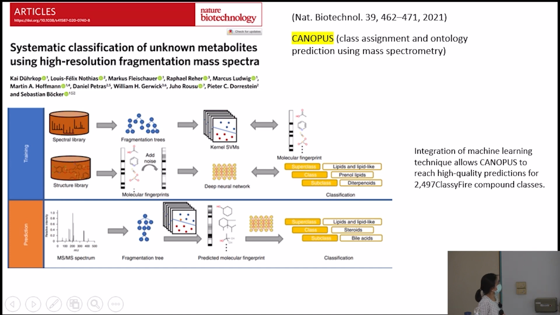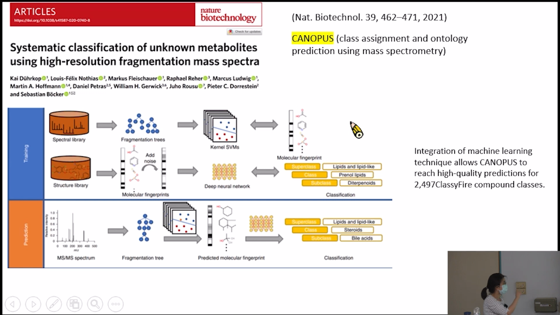So in this CANOPUS approach, there are two machine learning models. The first machine learning model forces the data set to predict your molecular fingerprint according to your spectrum data. Basically, it takes the spectrum data and computes the fragmentation tree, so the computer is able to predict this fingerprint.